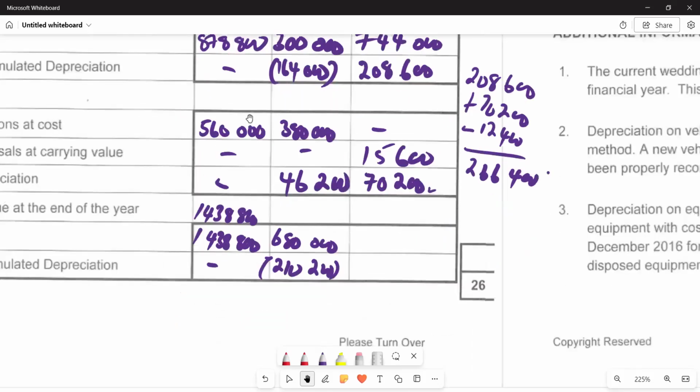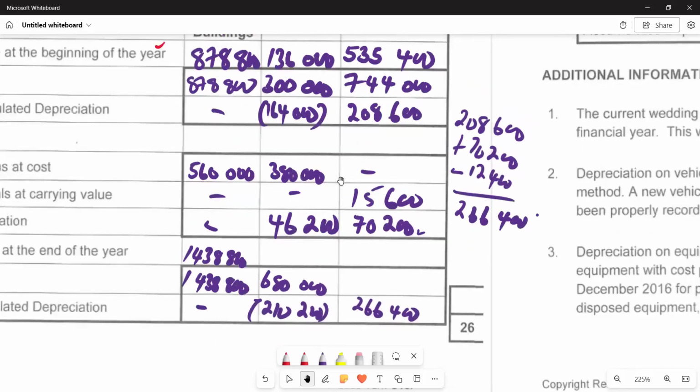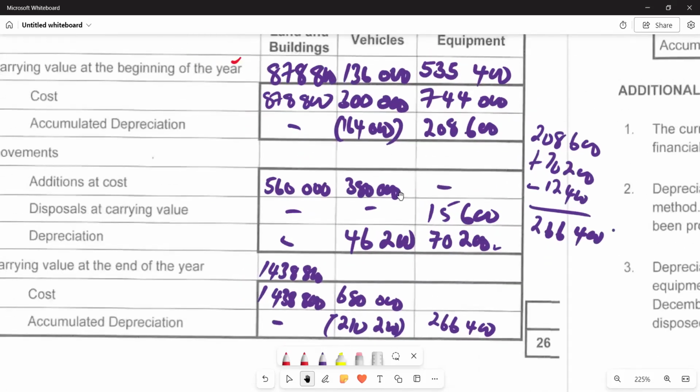So what we are saying is now we have our accumulated depreciation at the end is 266,400. Then the cost again, we haven't filled the cost there, so we can try to find the cost at the end, whereby we are saying cost at the beginning 744,000.